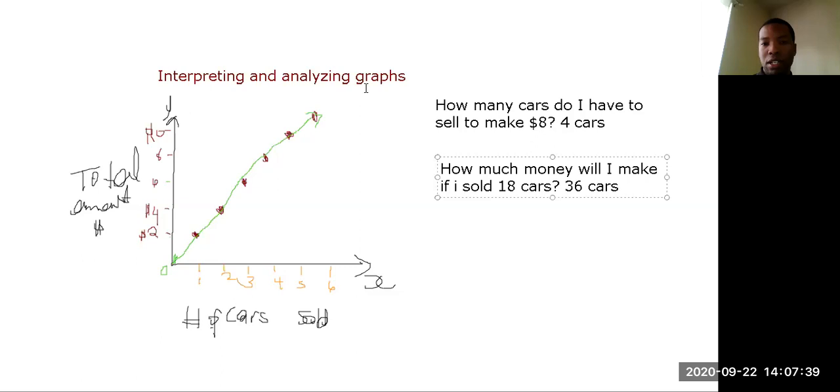See the chat. Not sure if I've asked the question for everyone to understand, but if you look in the chat, this is what I'm looking for. 2 cars and the amount of money, that's how you'd write it. So if I gave you this point, what I'm telling you is you sold 2 cars and made $4. That's what that translates to.